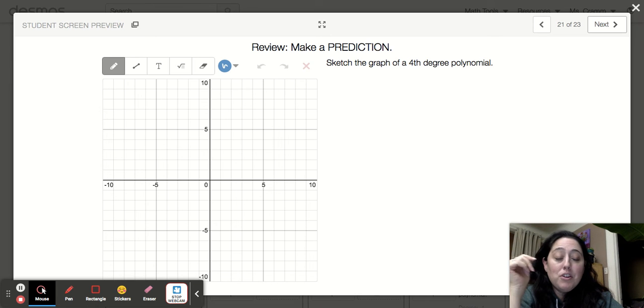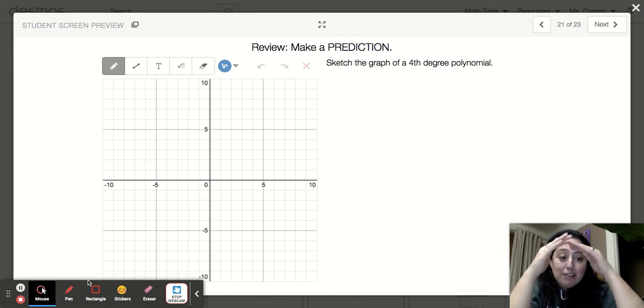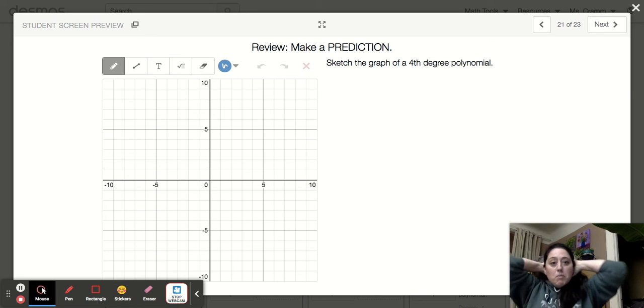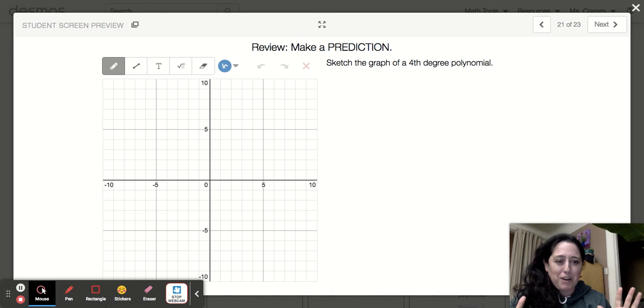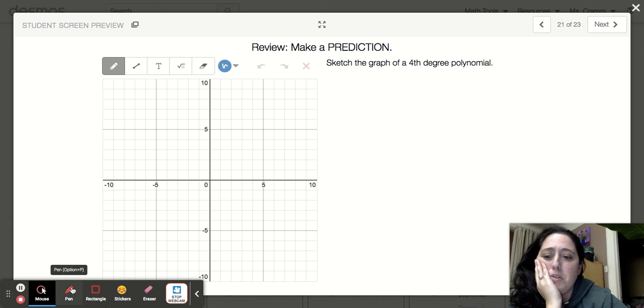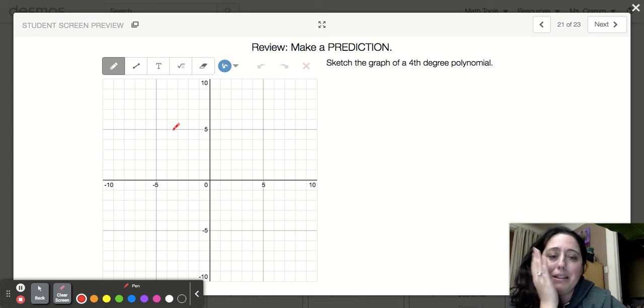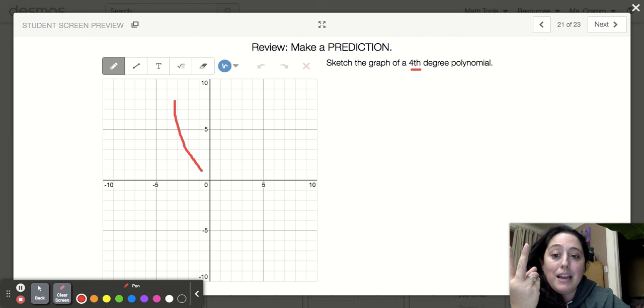All right, so a fourth degree polynomial. Again, you could have a fourth degree polynomial that has no bumps in it, right? You could have also a couple direction changes. I don't care about the bumps right now, so you can kind of just play around with that. A fourth degree is similar to a second degree, where if it starts up, it should end up. Maybe there's a couple ups and downs here.